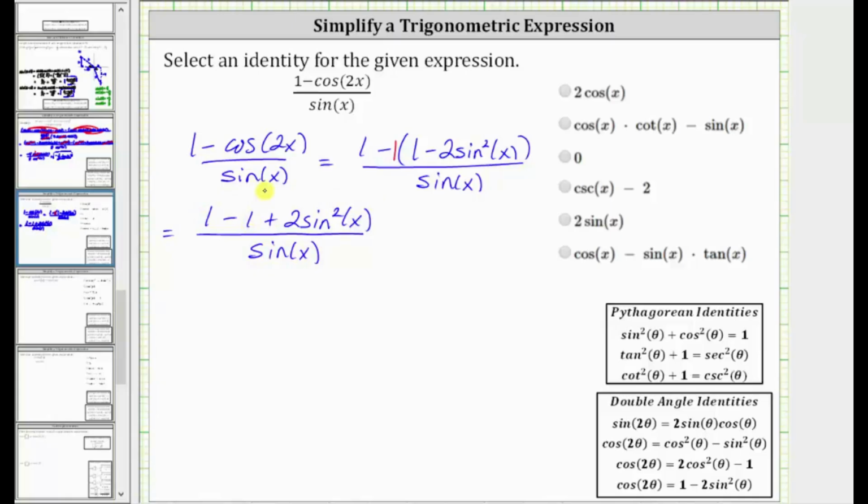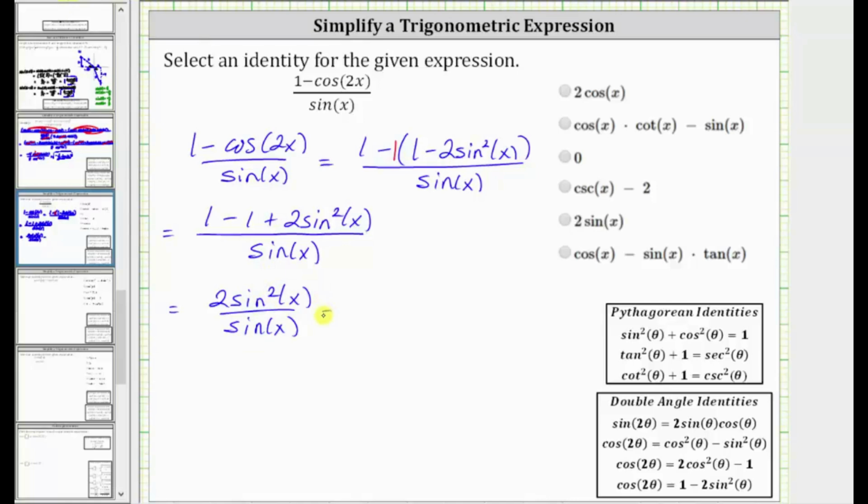Simplifying, 1 minus 1 is equal to 0, which gives us 2 sine squared x divided by sine x. And notice how we do have a common factor of sine x between the numerator and denominator, which means this sine x will simplify to 1, and the sine squared x simplifies to 1 factor of sine x.